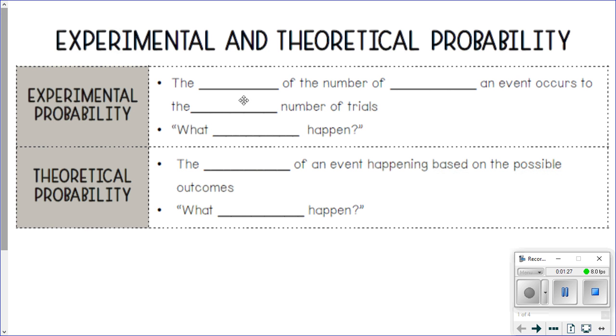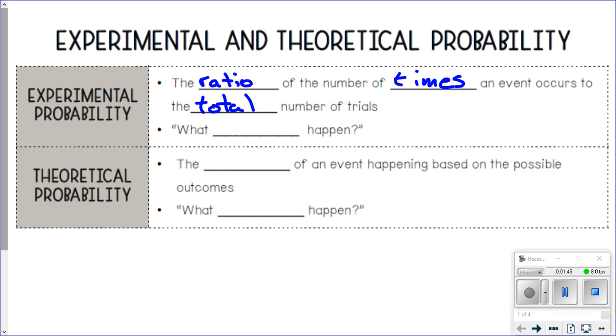All right, so experimental probability is the ratio of the number of times an event occurs to the total number of trials.